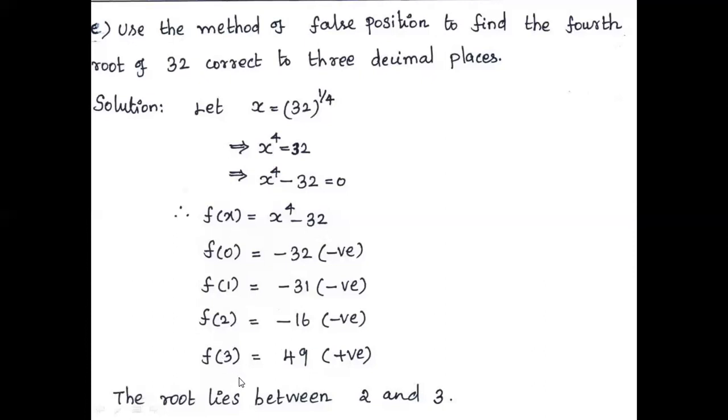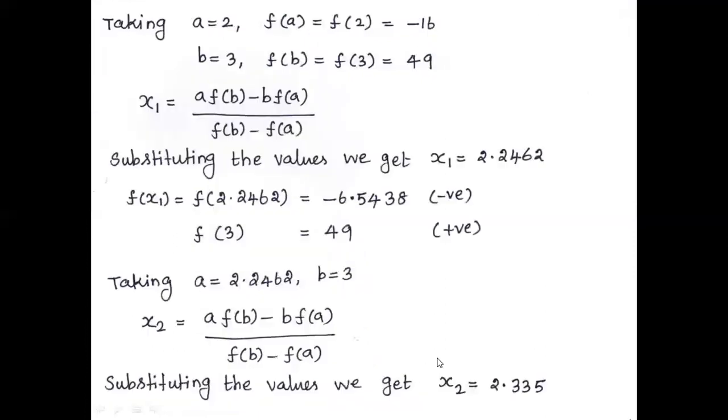Therefore, the root lies between 2 and 3. Now taking a is equal to 2 and b is equal to 3, f of a becomes f of 2, that is minus 16, and f of b is f of 3, that becomes 49. Substituting in the formula, x1 becomes 2.2462.